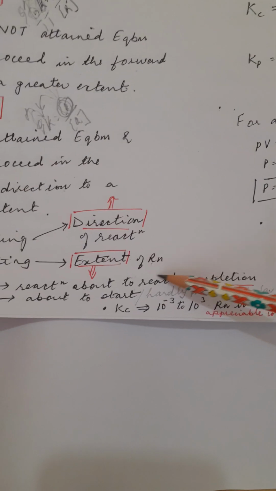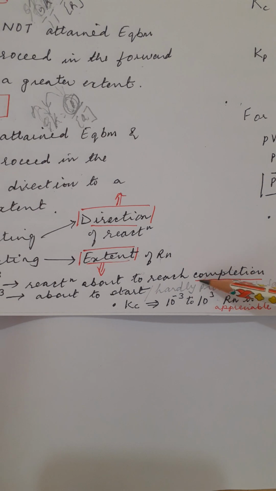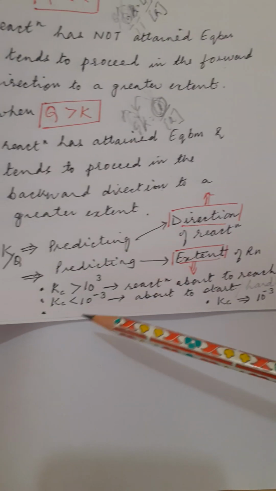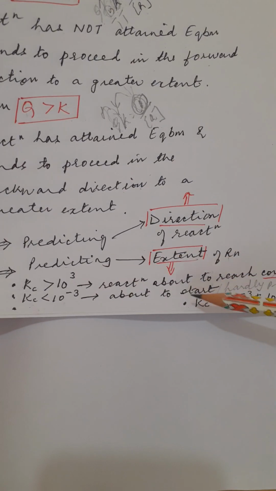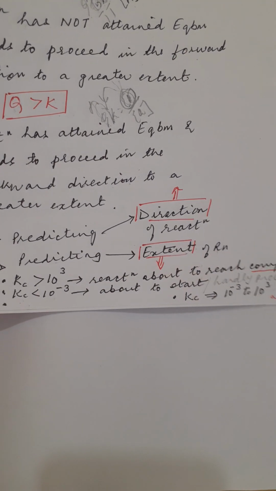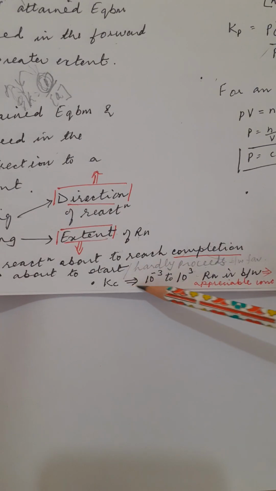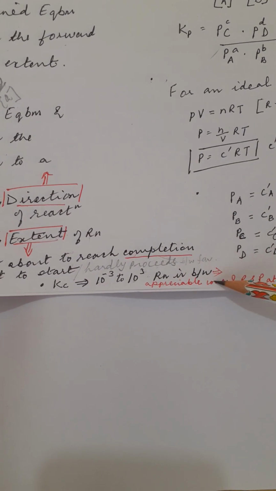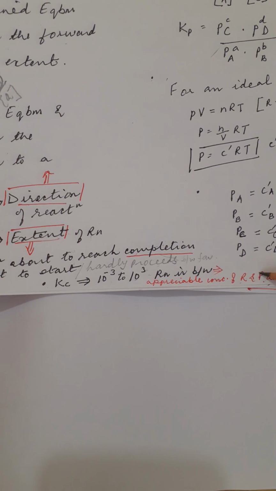Over here it has reached completion, that means less of reactants and more of products. If Kc is 10 power minus 3, more of reactants and less of products. And if Kc is in between the two values, we have appreciable amounts of both the reactant and the product.